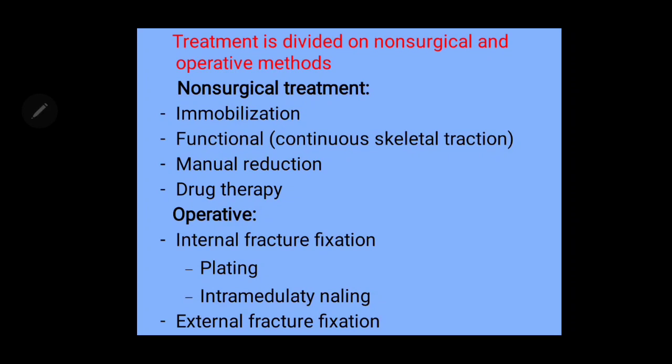These implants may be plates, intramedullary nails, that's mostly for shaft fractures, and maybe screws, wire cerclage, Kirschner wires. If we're talking about external fixation, there are two main types of such fixators, like ring frames and rod external fixators that we'll talk about later.